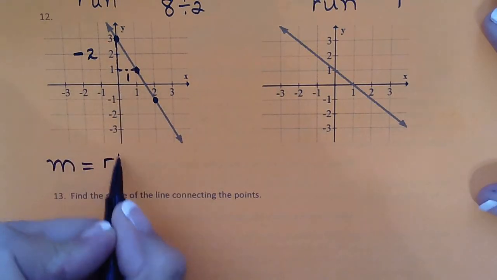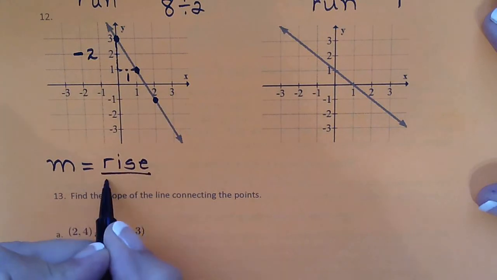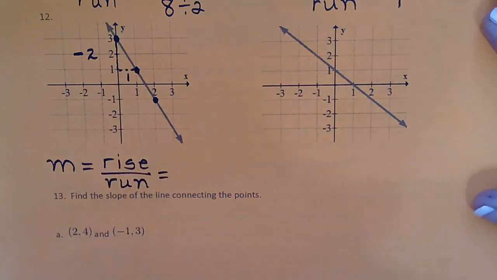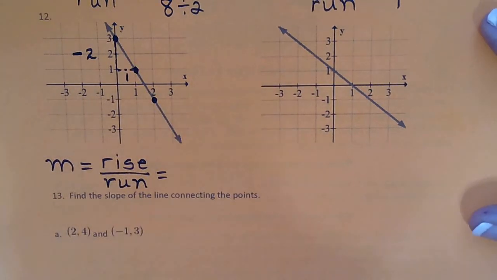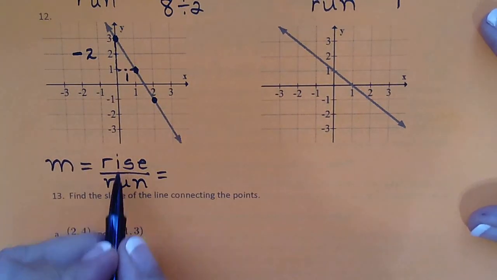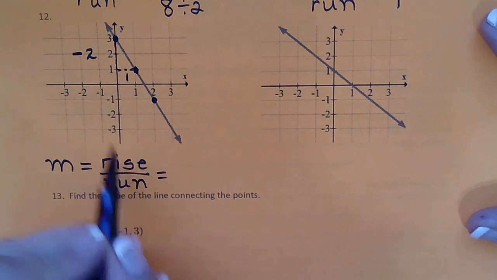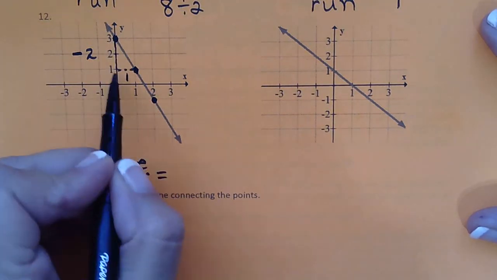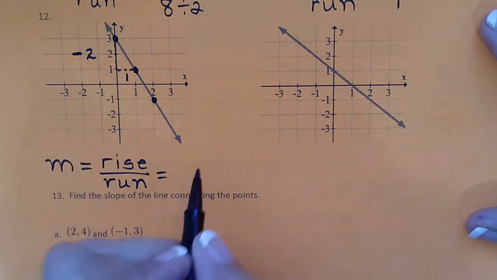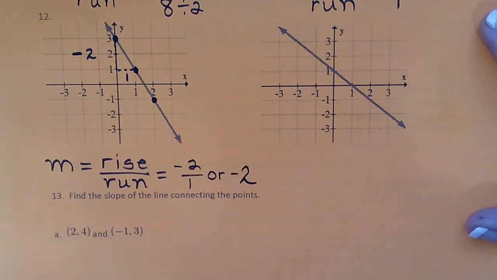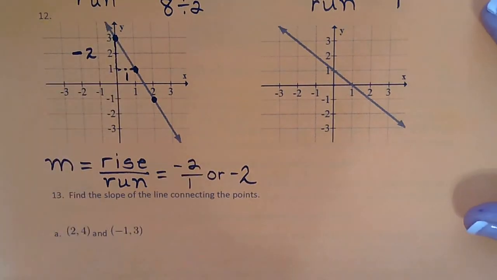I have to write rise over run just because students miss the order so often. So if I write it enough, maybe it'll be stuck in your head. And it is alphabetical. So if you're ever asking which one's first, it's always the y's, which is up and down, over the x's, which is left or right. So negative 2 over 1 or negative 2. And negative as predicted because the line is falling from left to right.